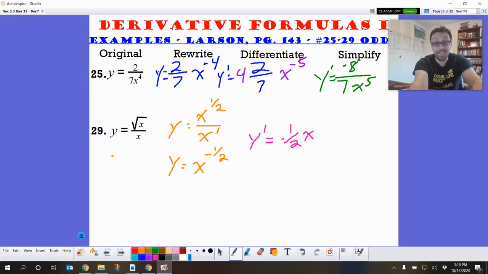X, and that negative 1/2 exponent needs to be subtracted by 1, so it becomes negative 3/2. Now to write it nicely, you say that y prime equals 1 over 2 square root of x cubed.